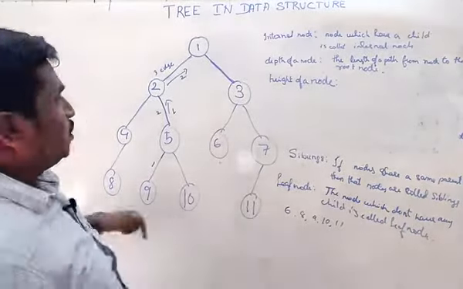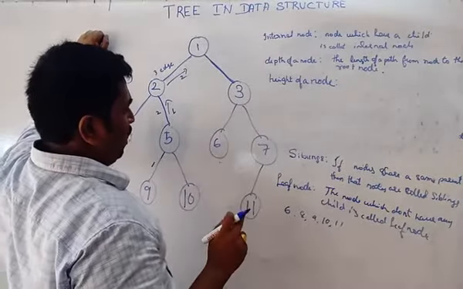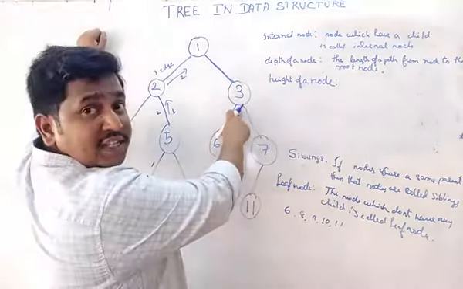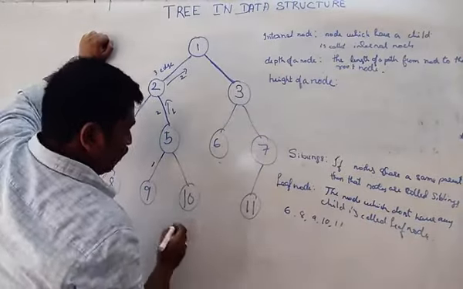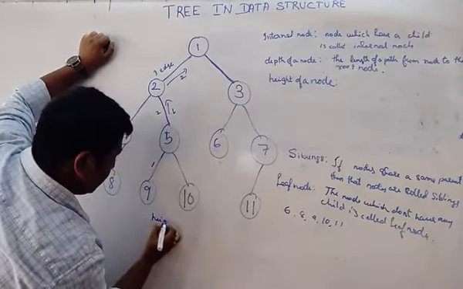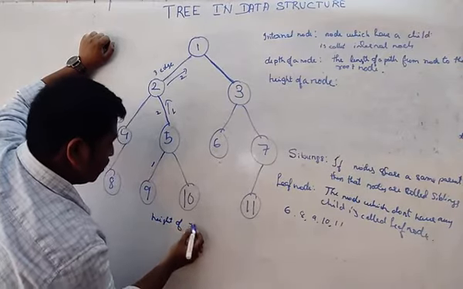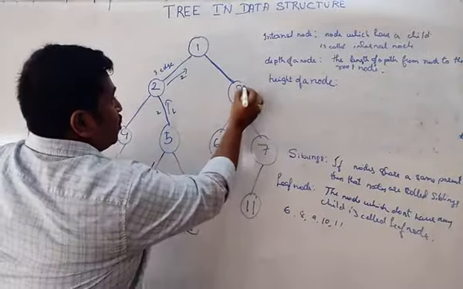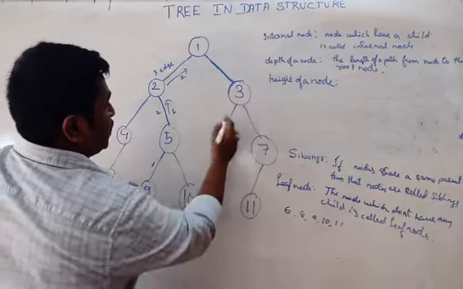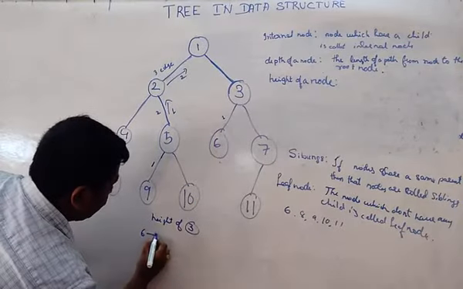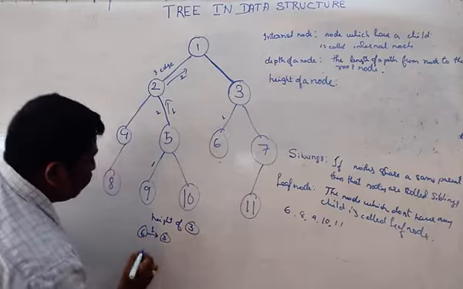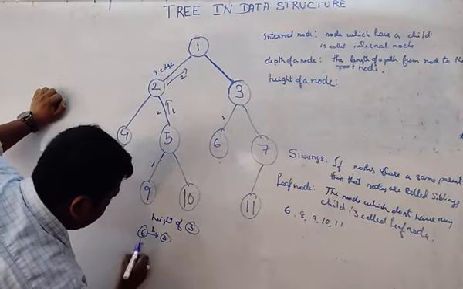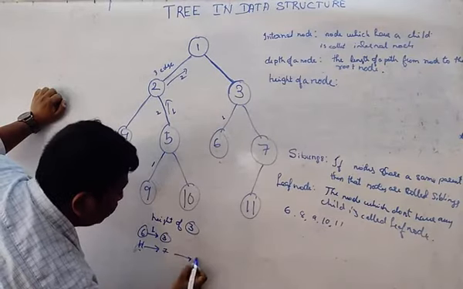Take for example, if I want to find the height of a tree, there are two paths in the tree. From this node we have two paths, one from 6 to 3, that length is 1, and another path is from 11 to 7 and 7 to 3.